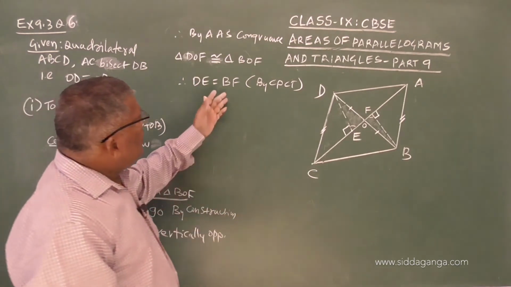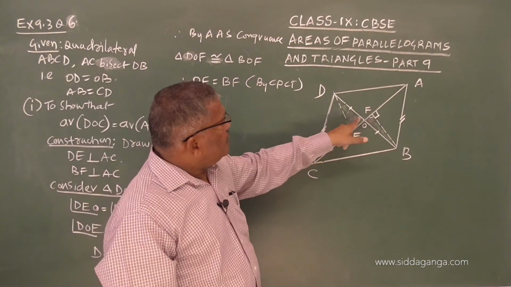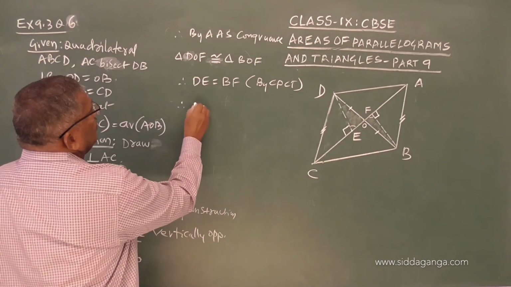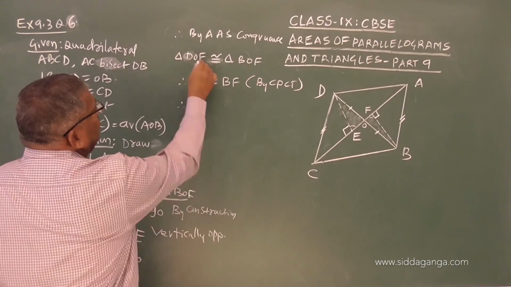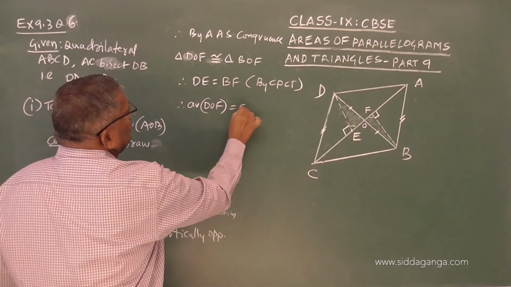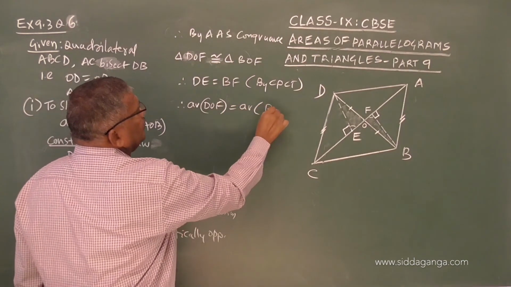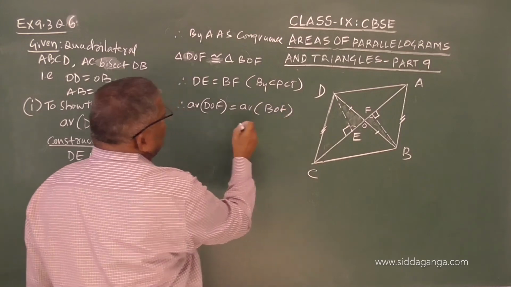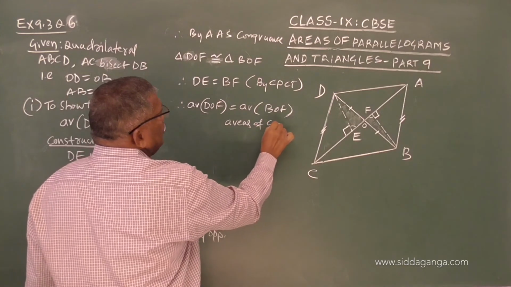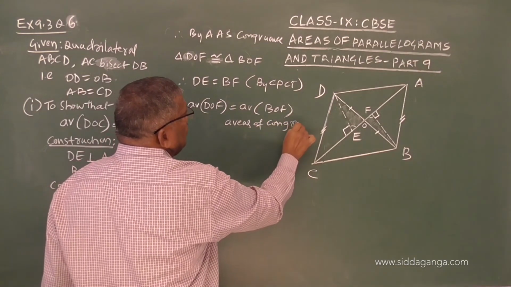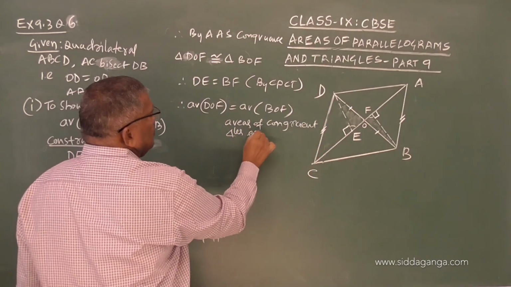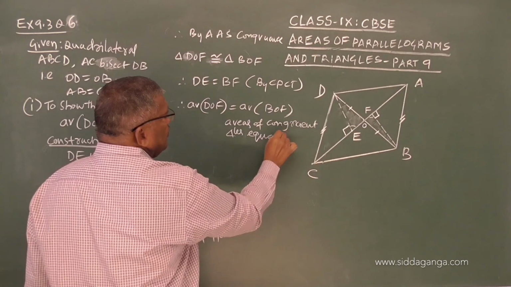So, not only this result, when these two triangles are congruent, their areas are equal. Therefore, area of DOE is also equal to area of BOF. So, areas of congruent triangles are equal.